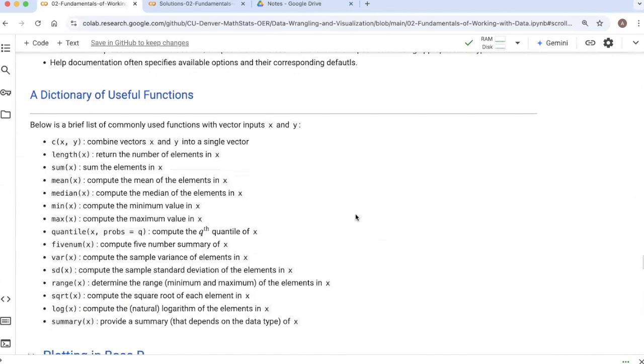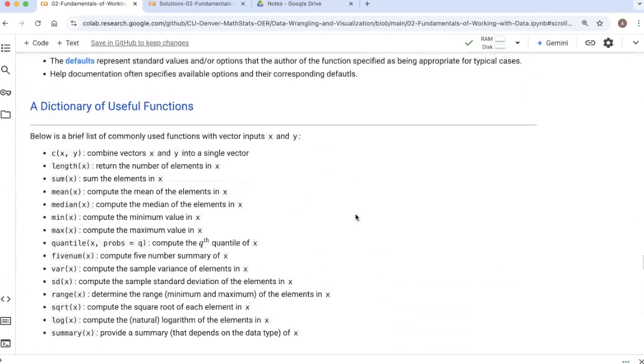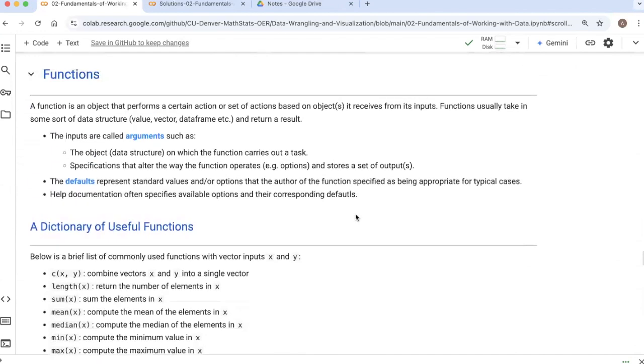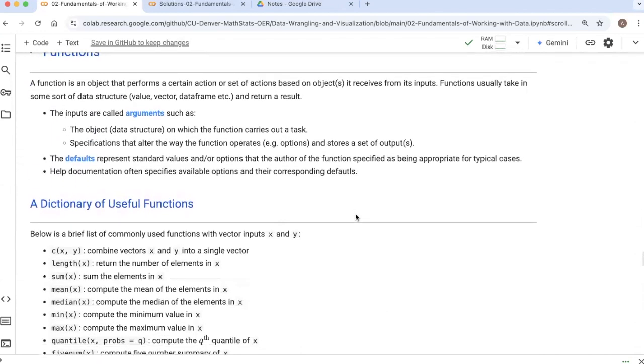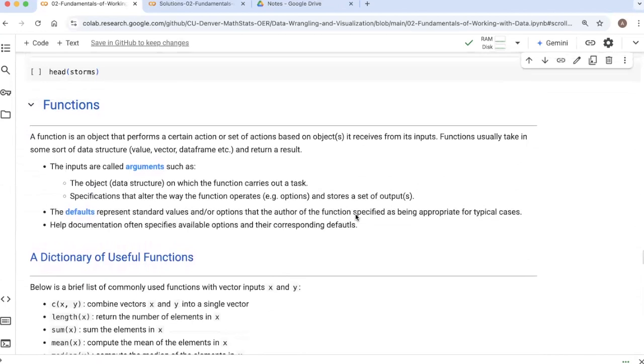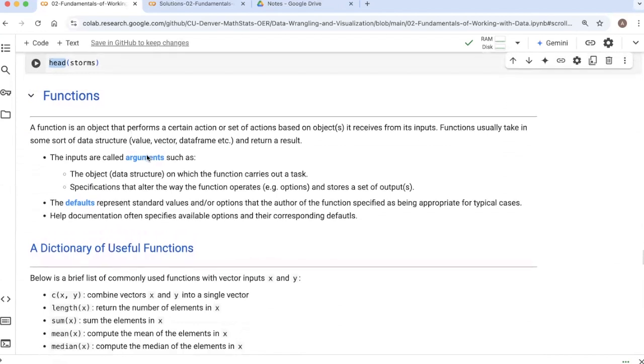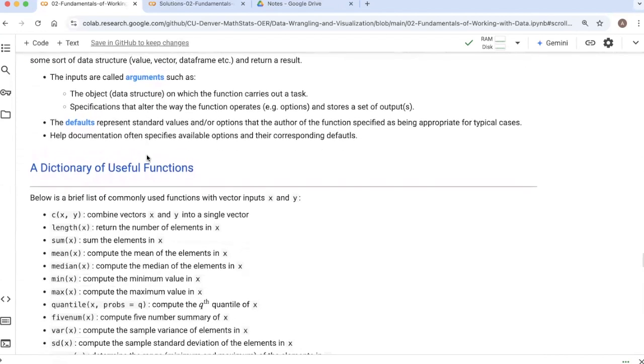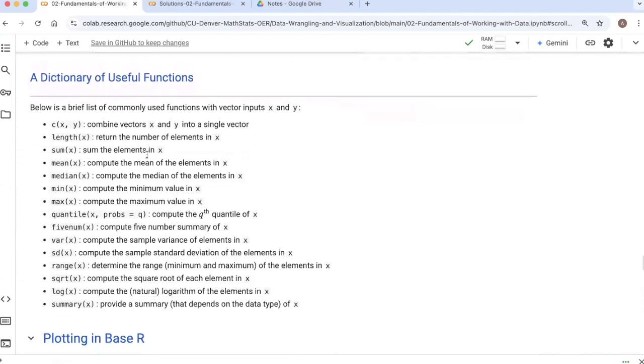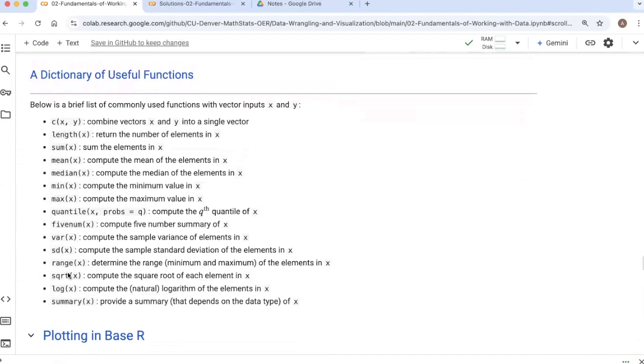Okay, and so just to wrap things up before we get into plotting data in the next video, we've been talking about different functions in some of these videos, like the head function is a function. There are lots of other different functions I want to point you to that I listed down here. So you can play around with all of these different functions.